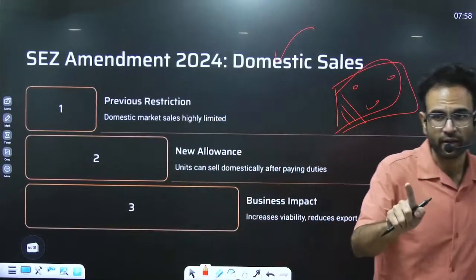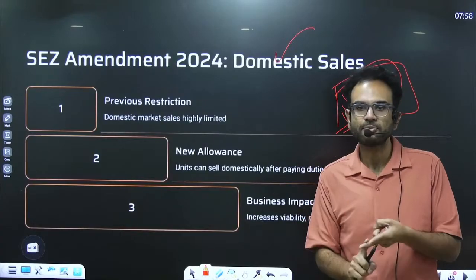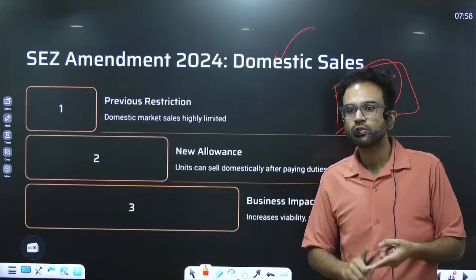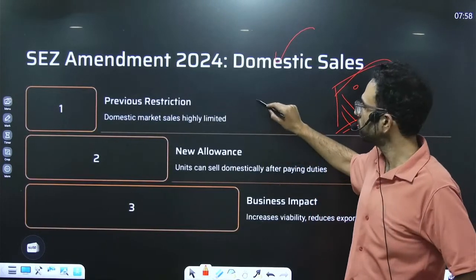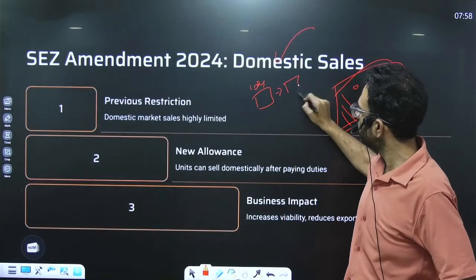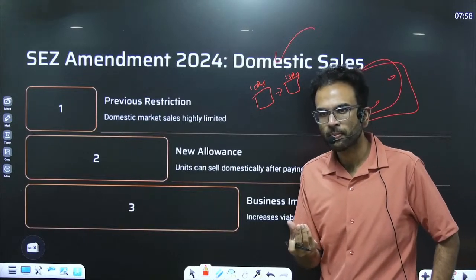Now you might be wondering, if you are giving them incentives, if you are giving them special access, and they will be reducing the cost of production, so, for example, a biscuit packet which is being produced for 10 rupees and sold at 15 rupees in the market is making a margin of 5 rupees.